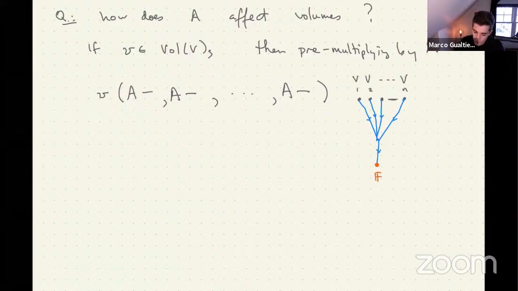This is what a volume looks like. The volume takes n inputs and outputs something in the field.